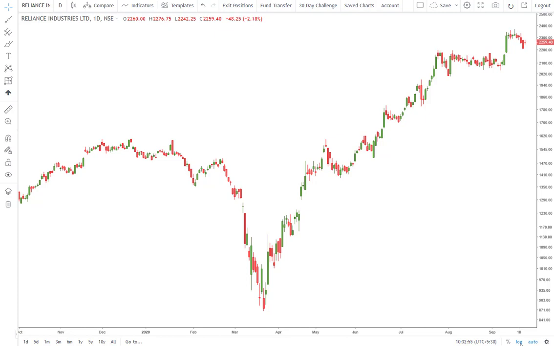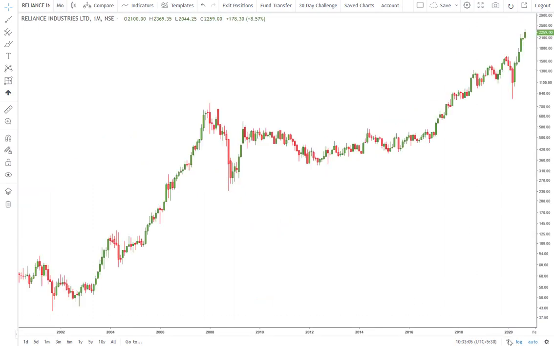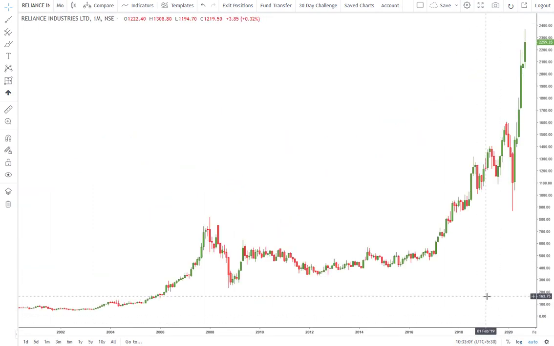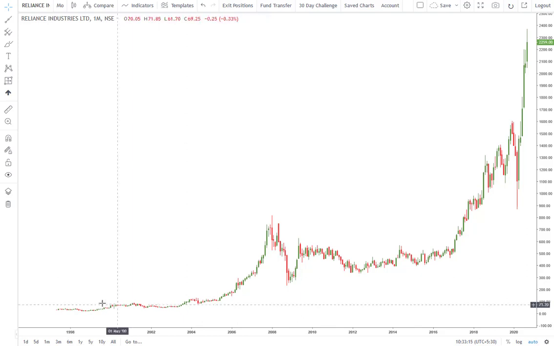To understand why, let us shift from the daily time frame to the monthly time frame. And let us toggle back to the linear mode. See that now we have data ranging from 1998 to the present day, which represents a price history of almost 22 odd years.